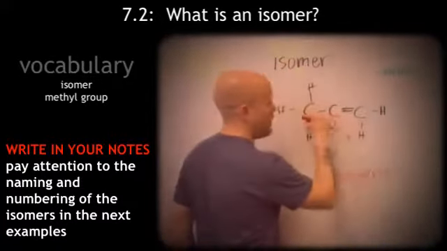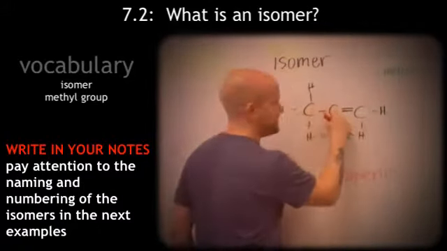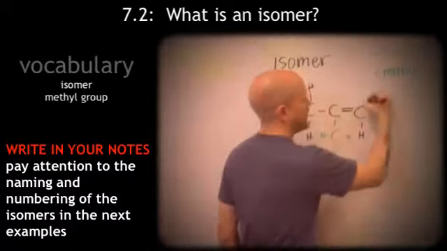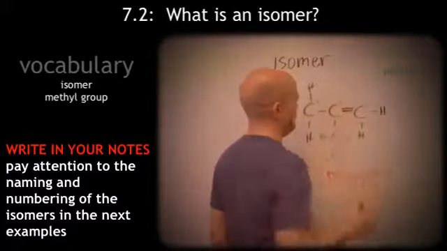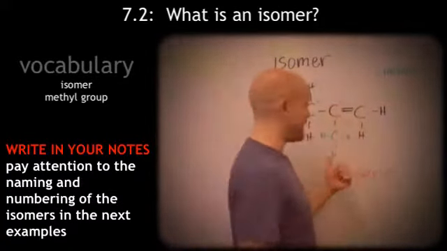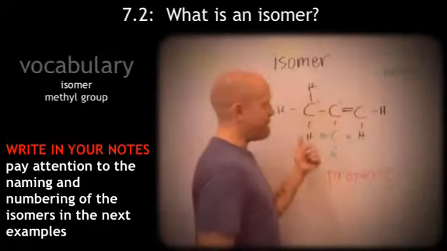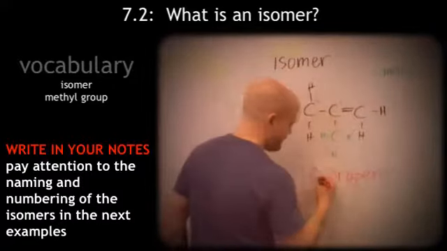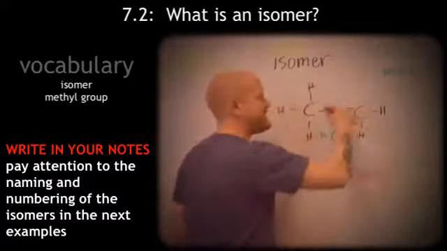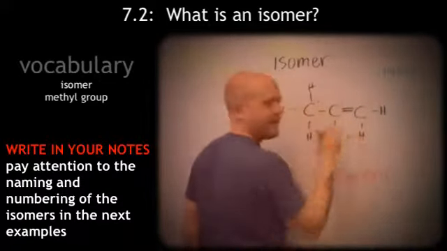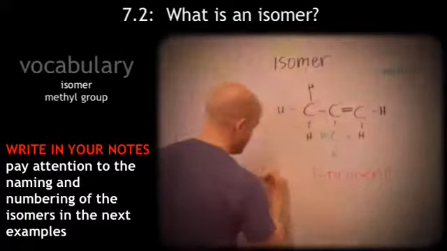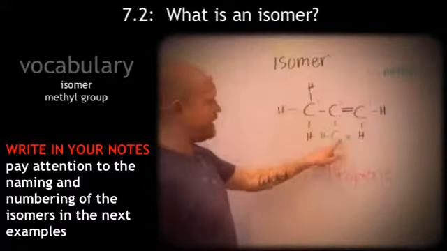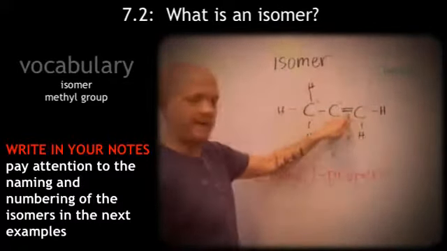Since this is the shortest end, we count this as 1, this as 2, this as 3. We still have a methyl group sticking off of carbon 2, but we also want to identify that the double bond is after carbon 1. So it's 1-propene, but we still have to tell everybody that the methyl group is sticking off carbon 2. So this is actually 2-methyl-1-propene.